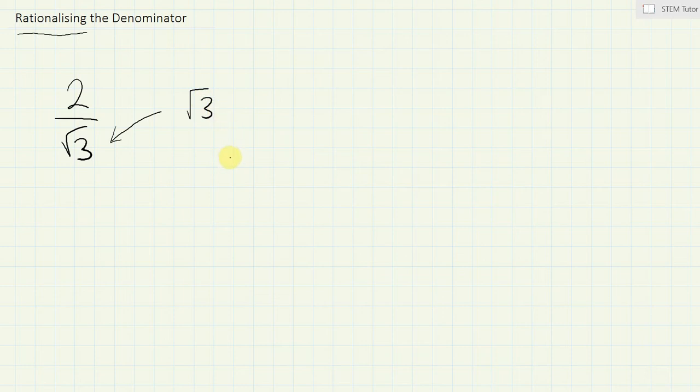Now just to recap, an irrational number is any number that cannot be expressed as a fraction. So that is where the numbers beyond the decimal point go on to infinity, and therefore it cannot have a representation as a fraction. So for example, if we had the square root of 4, well, the answer to this is 2, because 2 times 2 equals 4, so therefore this is not a surd because it is not an irrational number.